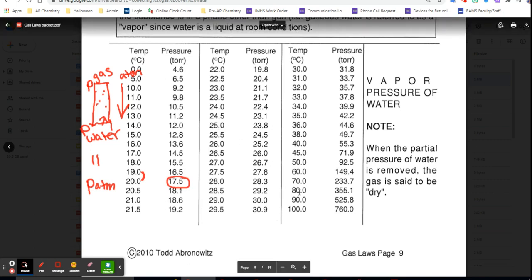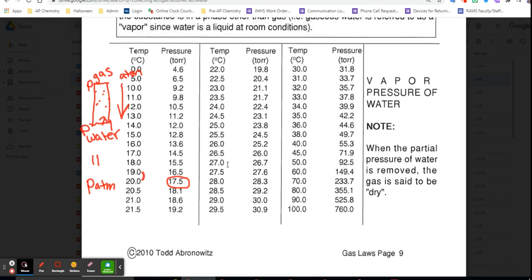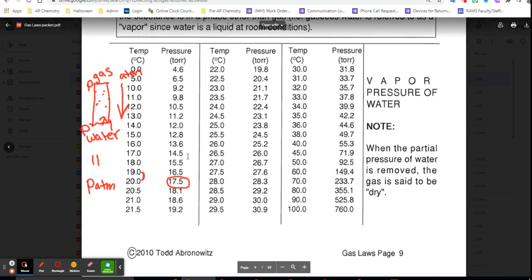So you can definitely see that temperature and pressure relationship, just like we're seeing with other things. If you think about boiling water, it evaporates a lot, so you have more water molecules released. If they're released as a gas and we contain them, they're now hitting the sides of the container. So again, water pressure is temperature dependent, which is why it was so important that we got the temperature of the water in the sink.